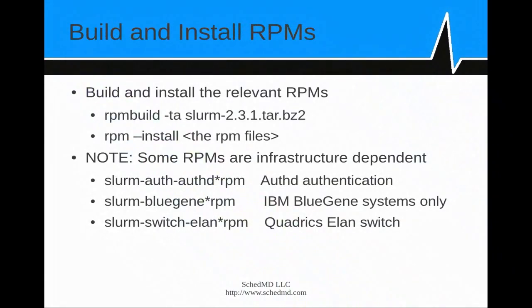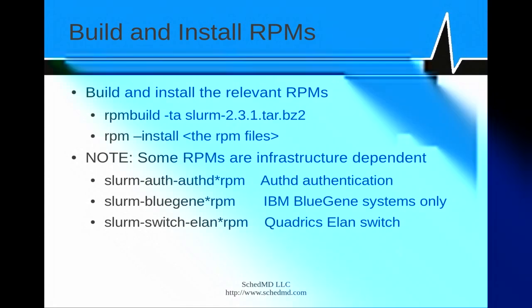So after you get the file, you can use the RPM build tool to build your RPMs and then install them. Some of the RPMs are infrastructure dependent. So for example, if you're using authd for authentication, there's a slurm-auth-authd RPM.